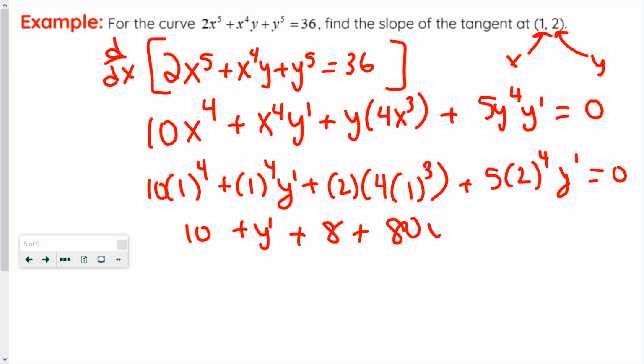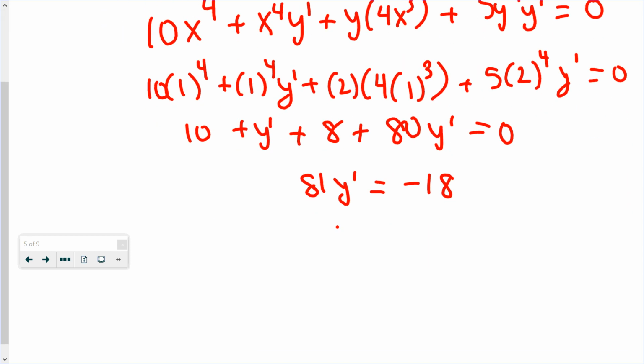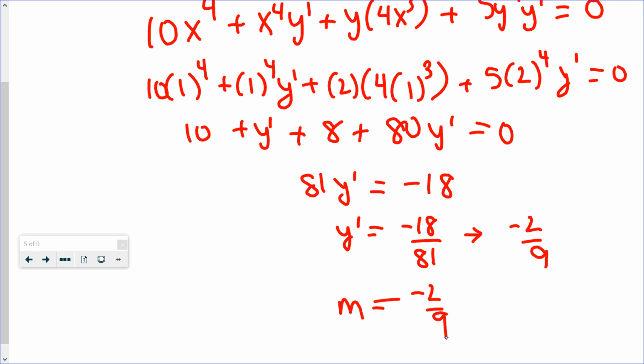Y prime equals 0. So group our y primes together. We have 81 y prime equals 10 and 8 is 18, but I subtract it from both sides to get -18. So simplifying this, I'm going to have y prime equals -18 over 81, which in lowest terms, divide each by 9, becomes -2 over 9. So that means the slope of the tangent line is -2/9 at the point (1, 2).